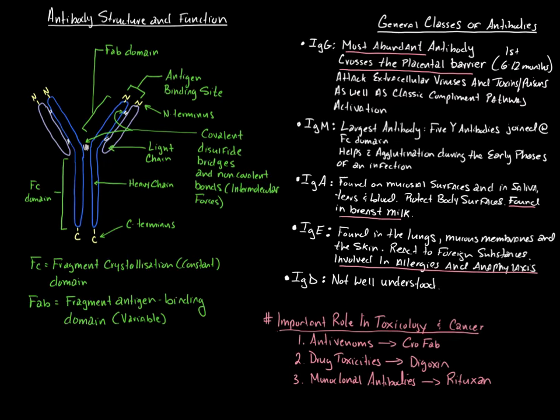And then you can see that you have two heavy chains, and then two light chains here. What happens is these heavy and light chains are bonded together primarily through disulfide bridges and other non-covalent bonds, or what we call the intermolecular forces.